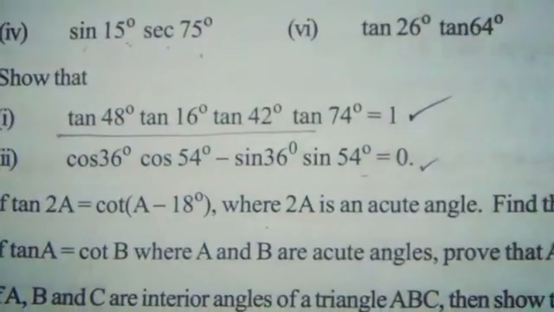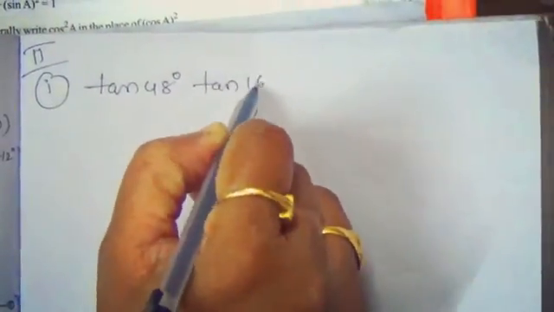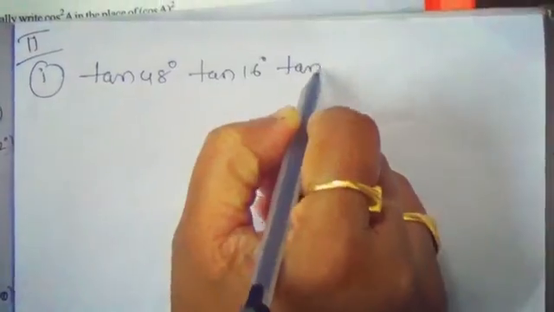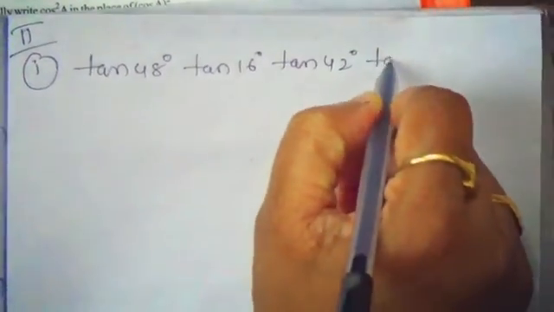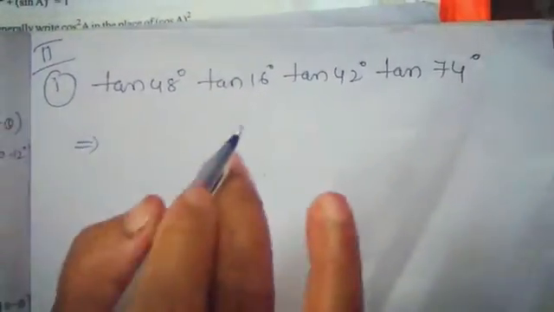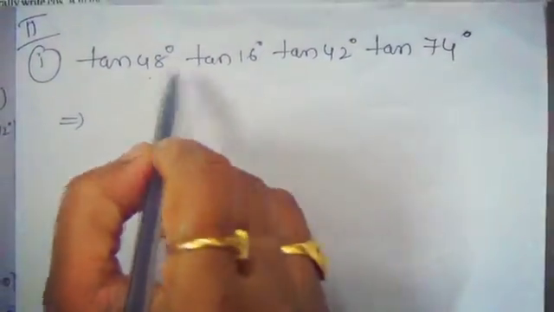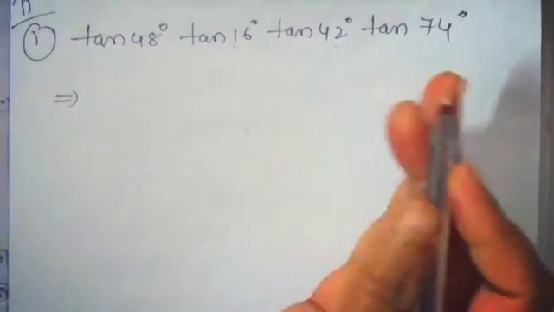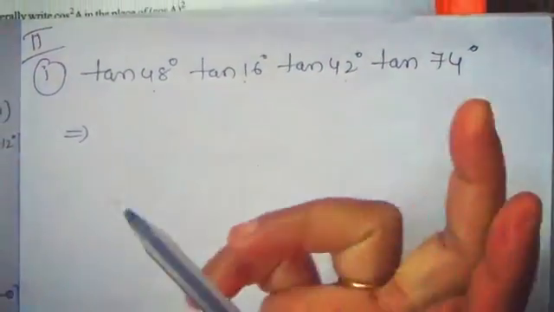In the second Roman numeral, the first one is tan 48 degrees, tan 16 degrees, tan 42 degrees, tan 74 degrees. Just look for which angles make 90 degrees, any two angles which make 90 degrees.